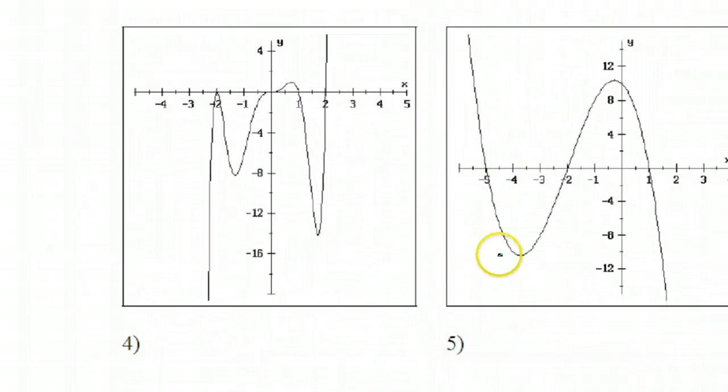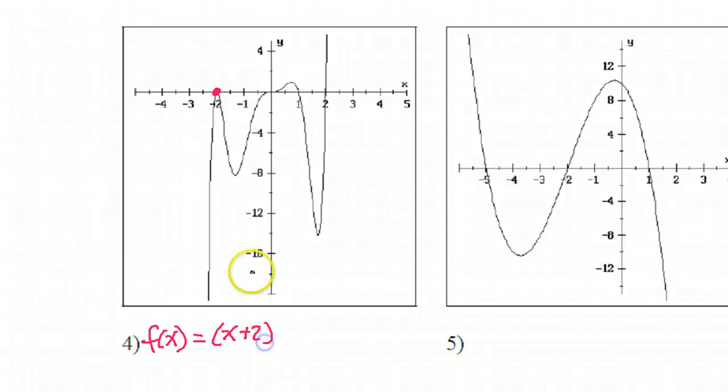So, looking at number 4. Let's see, I have a 0 here at negative 2. So that's x plus 2. It's a bounce, so that is squared. I see another 0 here at 0. So that's like x plus 0, which is just x. Now this is an inflection. I don't know if you can see it very well, but it doesn't just go straight through.